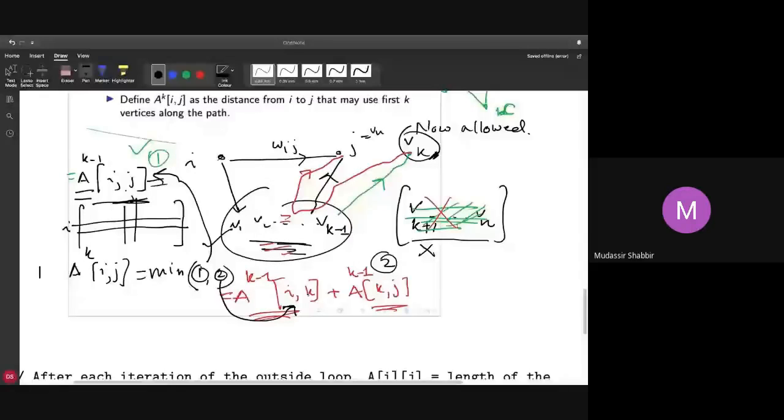So A_ij^k is min of expression 1 and expression 2. Expression 1 is the ijth entry in the k minus 1 matrix, and expression 2 is the sum of two entries in the same matrix. The first entry is ik, and the second entry is kj. Are we good, people? Do we have any questions?